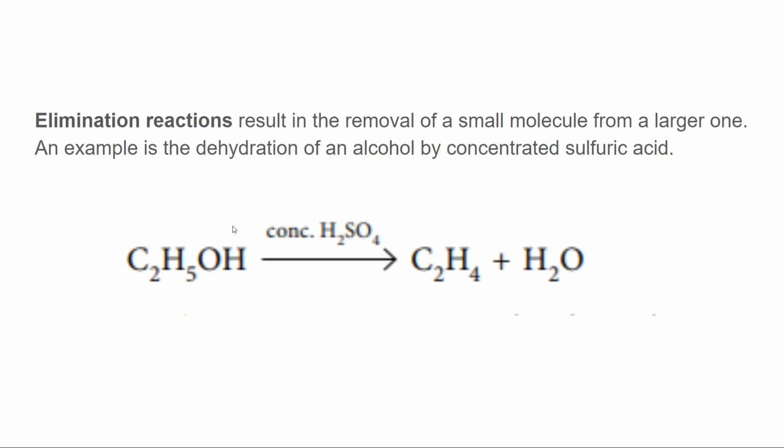When we combine it with some sulfuric acid, we end up making ethene, and then we end up making H2O as well. So we have eliminated that H2O. This one also has a different type of name because whenever we remove water, we say we're also dehydrating this particular molecule.